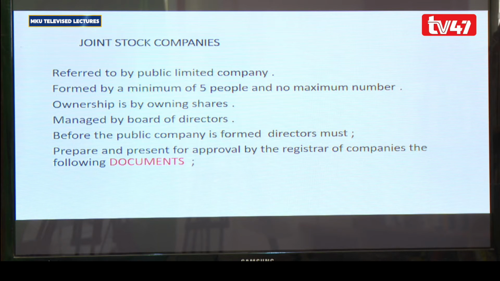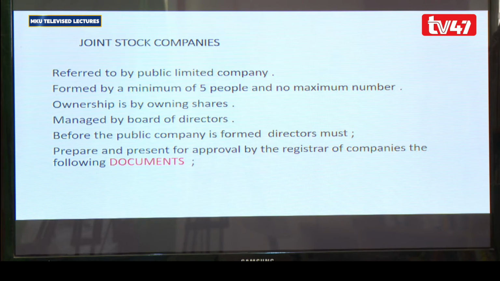Now, it is managed by a board of directors. And before they even form that joint stock company, the directors must prepare a number of documents, which I want us to understand. They must prepare, number one, a memorandum of association.